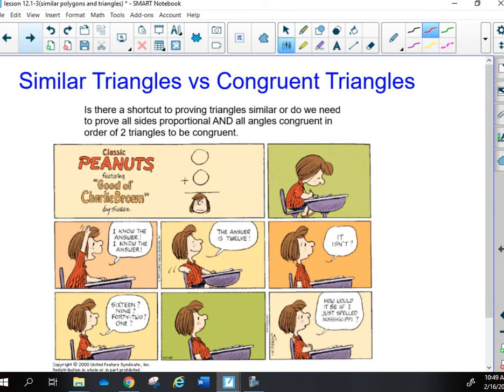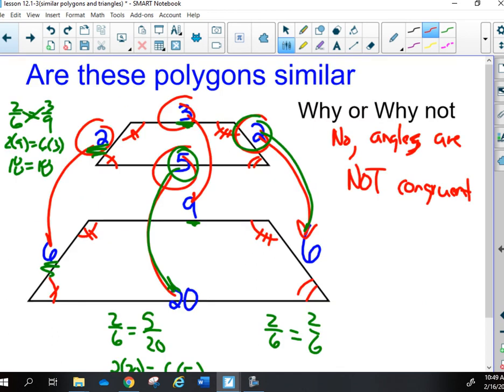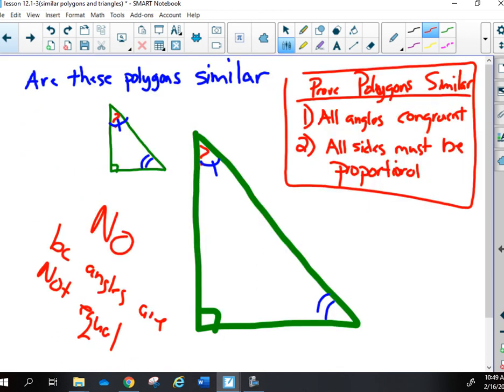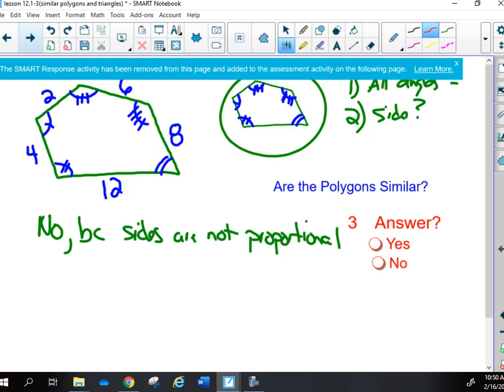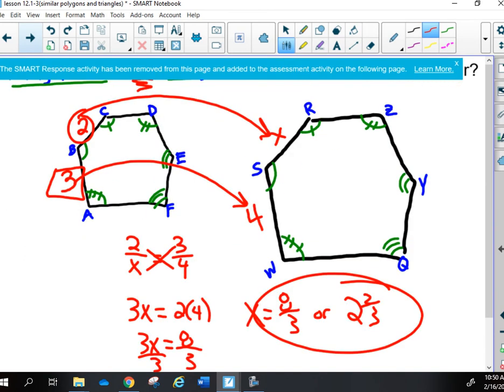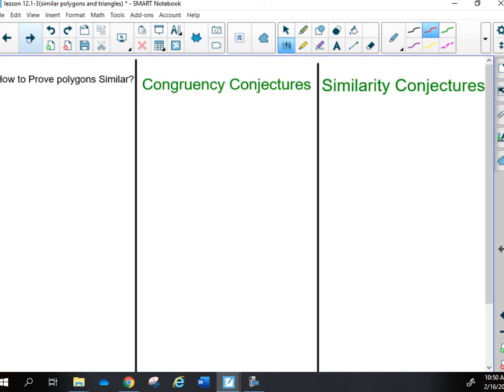Now, what a pain in the butt, having to do all of the sides, all of the angles for all of these polygons right here. What I wish is there was a shortcut. Well, for polygons, there's no shortcut. But I mean polygons, meaning quadrilaterals, heptagons, hexagons. But there are shortcuts, very similar to when you had shortcuts proving triangles congruent.